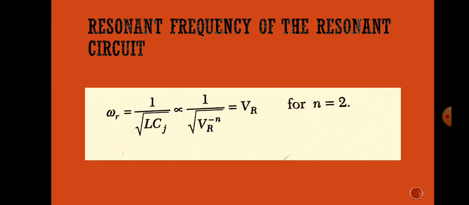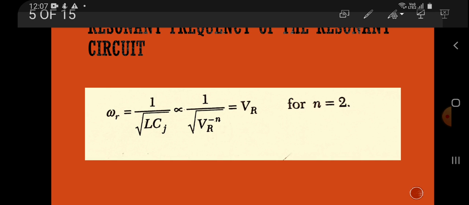Here Wr is equal to 1 upon the square root of L into Cj, and it is proportional to 1 upon the square root of Vr to the power of minus n. So this is proportional to Vr for n equal to 2. This is the value of the resonant frequency of the resonant circuit.